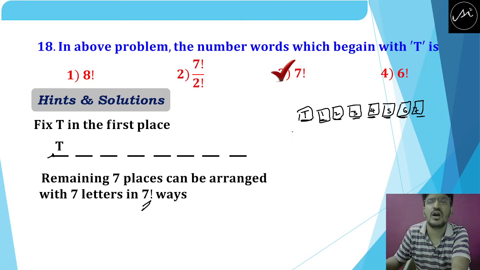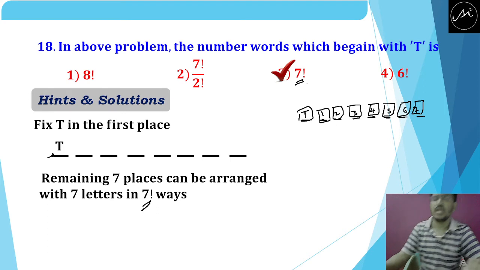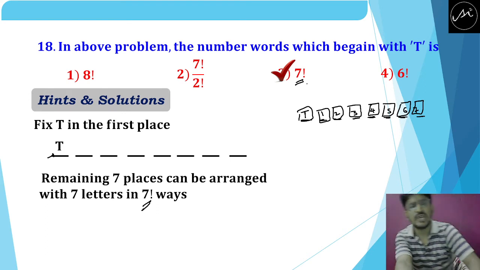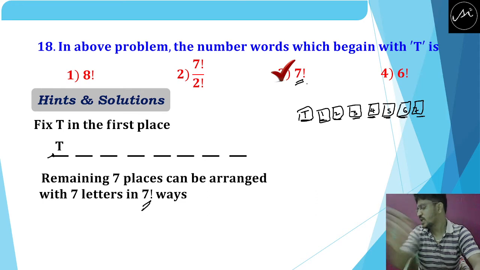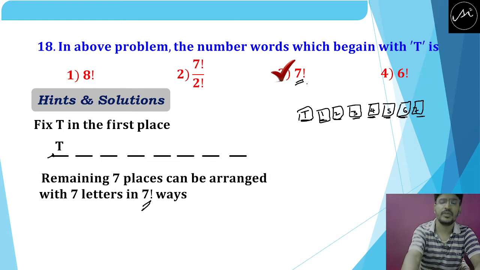So the answer will be 7 factorial. Clear? In this type of problem, you have to be very good at concept. If you are good at concept, then you are really going to enjoy the concepts.